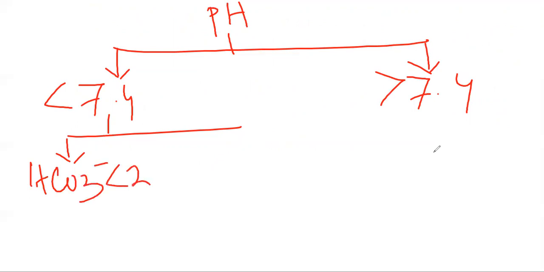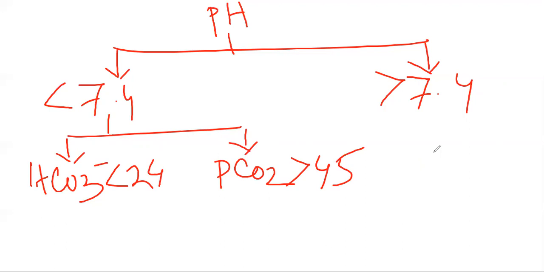It is of course 24 milliequivalent per liter, and PCO2 can be more than 40 or 45 millimeter of mercury. So if bicarbonate is less than 24 milliequivalent per liter, that means it is metabolic acidosis. And if PCO2 is more than 40 or 45 millimeter of mercury, it is respiratory acidosis.